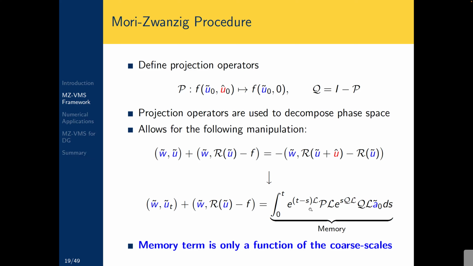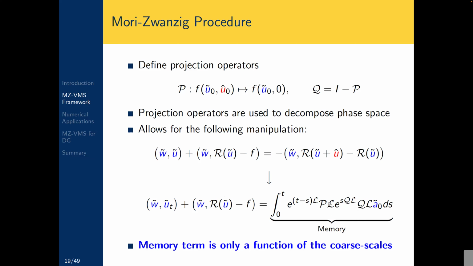In the classic sense, this is a nice result, because this equation is closed. If you could exactly solve this, you'd have the precise answer for your coarse-scale variables. So in some sense, it's an exact subgrid-scale model.